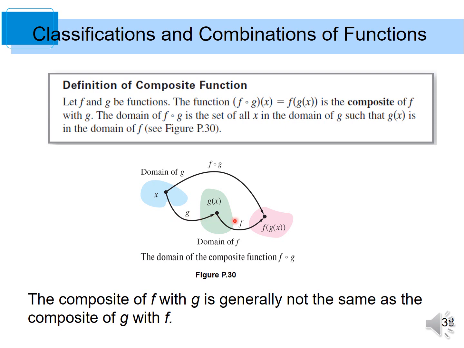And to obtain the composite function f(g(x)), we perform the g function first, followed by the f function. The composite function of f with g is generally not the same as the composite of g with f.